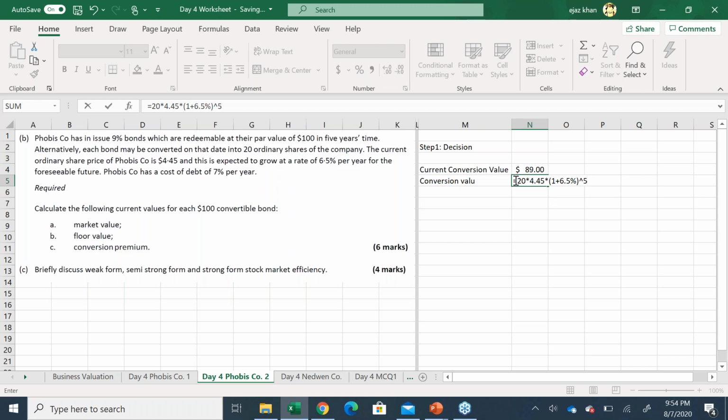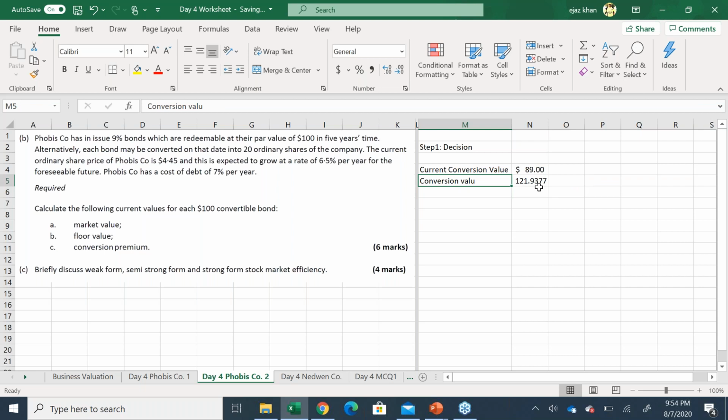So number of shares multiplied by the current price and multiplied by the growth rate, so that we find out what will be the value at the time of conversion. It is going to be $121.94. That's the conversion value.